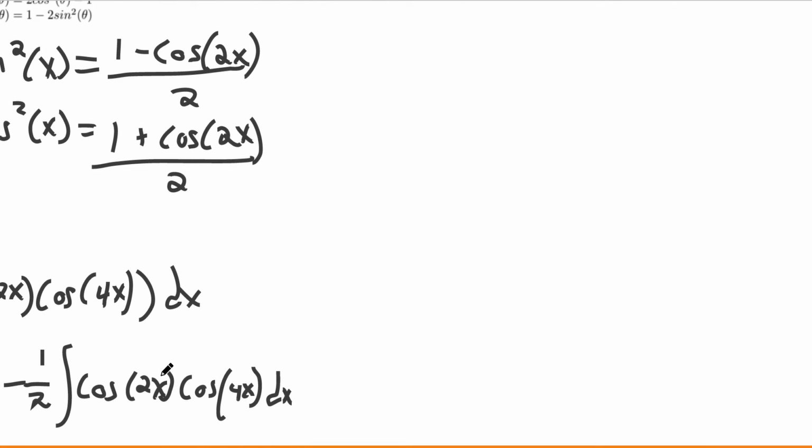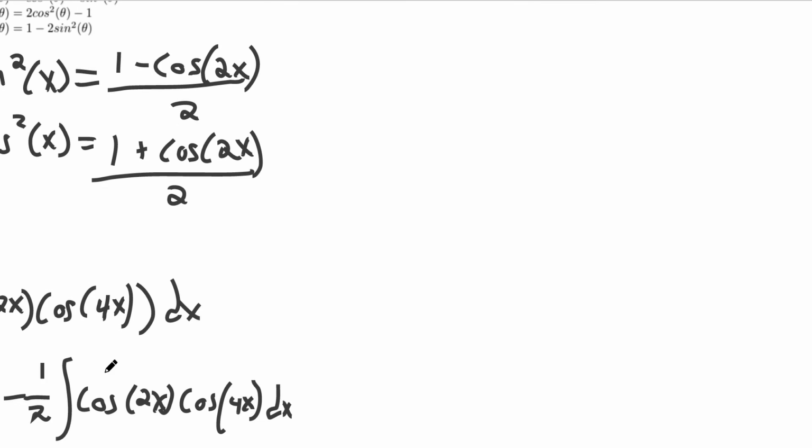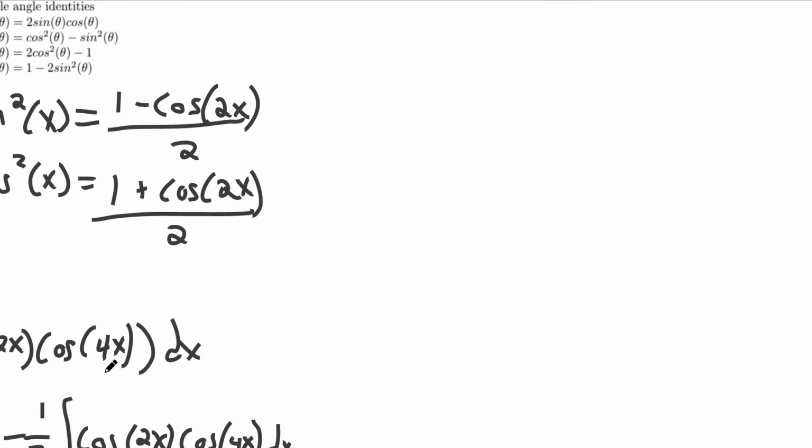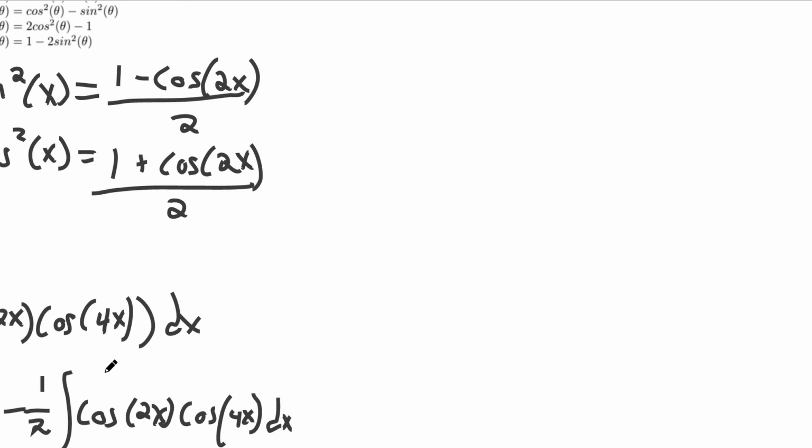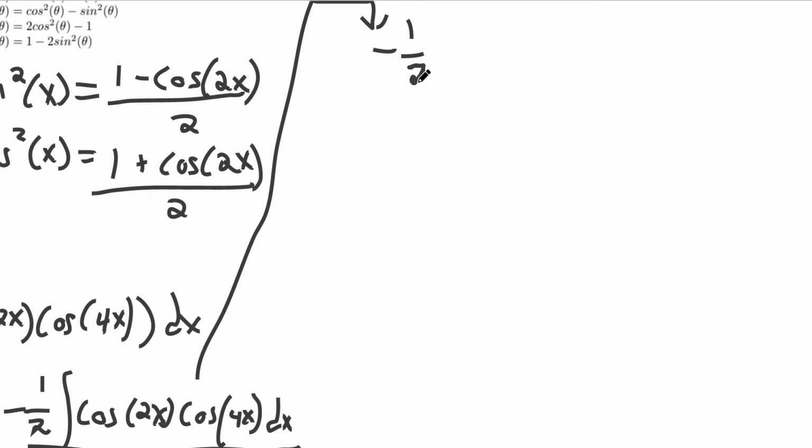So since, let's see the formula we have. It's going to be sine squared. Yeah, that'll work. Okay, so here, let's take this. And it's still minus 1/2. And it's the integral.